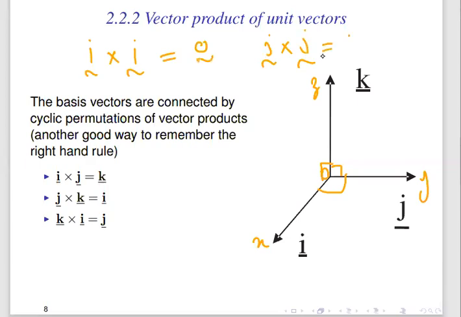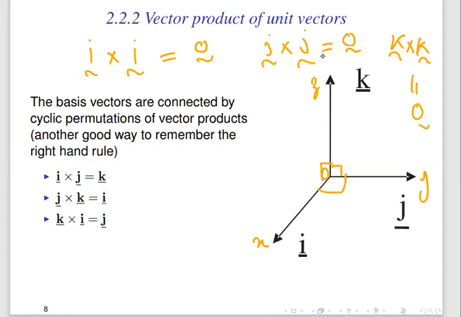Don't put only zero, because the output of a cross product is a vector, right? K cross K is also the zero vector, because they are parallel, right?